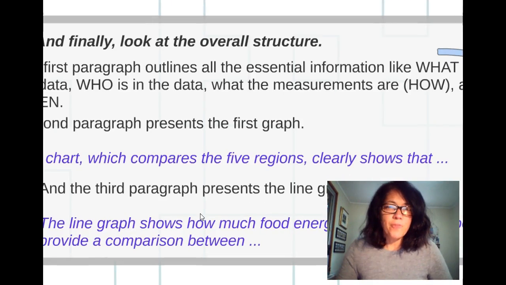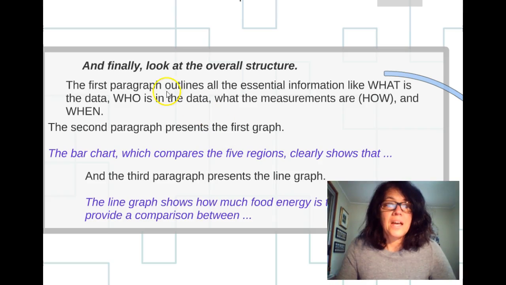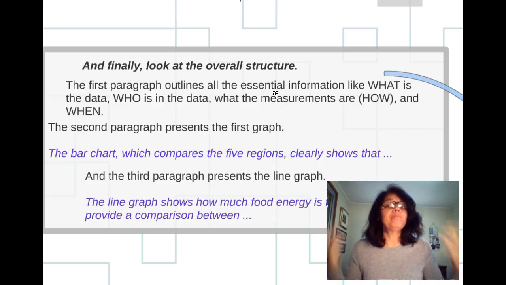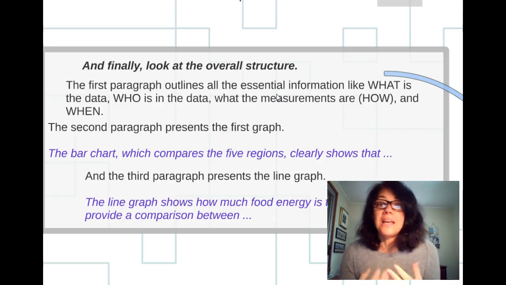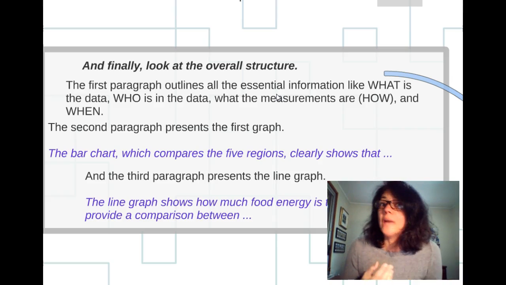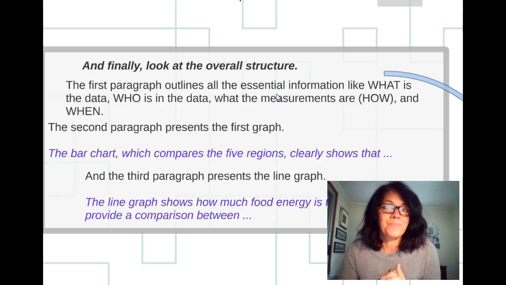So we've looked at 4 writing features. Now let's think about the overall structure. The first paragraph outlines all the essential and broad information, like what is the data about, who is the data about, what the measurements are, are they in percentage or calories or energy.